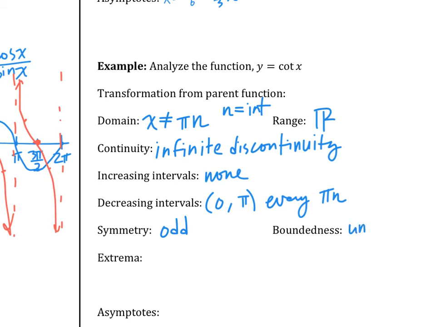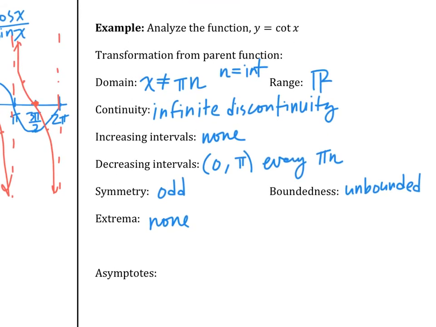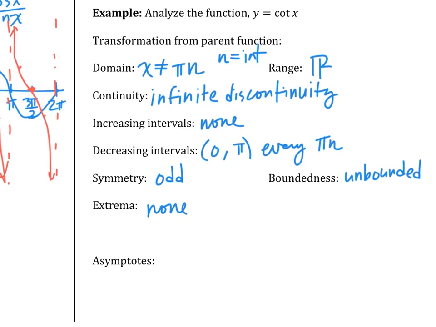Unbounded. Extrema. None. It only will have an extrema if you go up and then down. Since it's only going in one direction, there cannot be an extrema. Asymptote. X equals pi n. Yes. Nice.